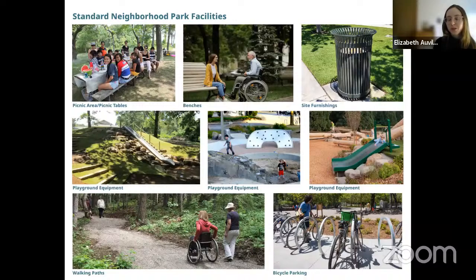These would be your baseline ones you'd see, things like small, modest picnic areas, site furnishings throughout the park, like benches and bicycle parking or trash receptacles. And we also included some examples of play equipment that you might see at this scale and size of park, just what that could look like. And then walking paths are also a really typical amenity that you might find.